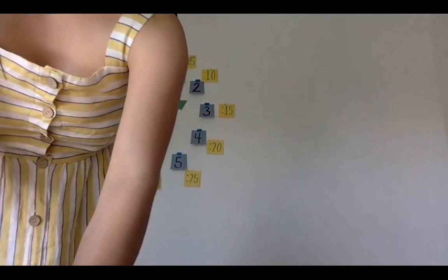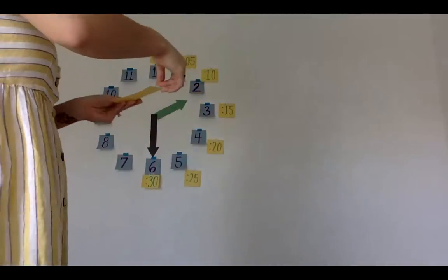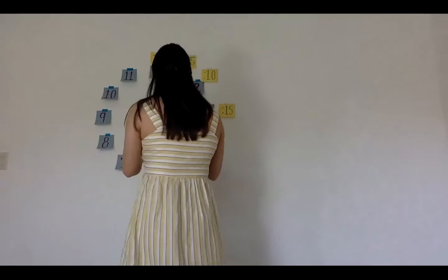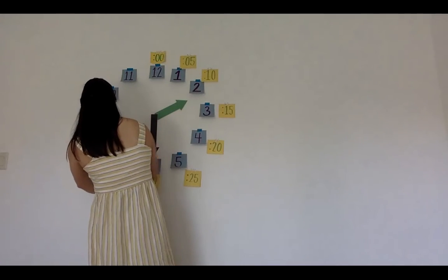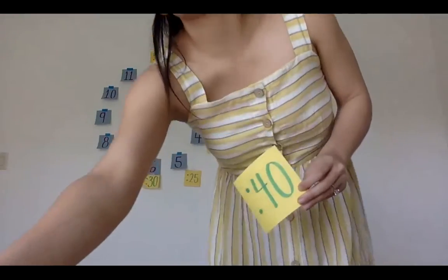We learned that last week, we practiced that. And then we've got our 7 is 35 minutes. Put that up as well. And we've got our 8 is 40 minutes.